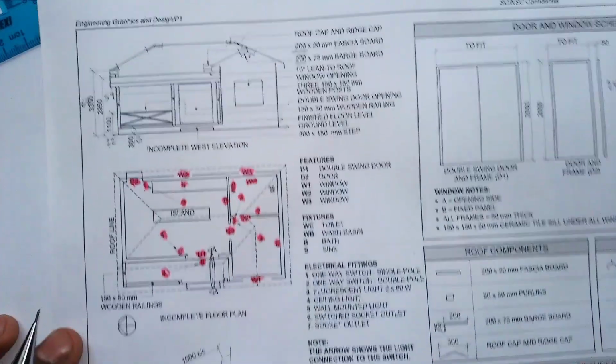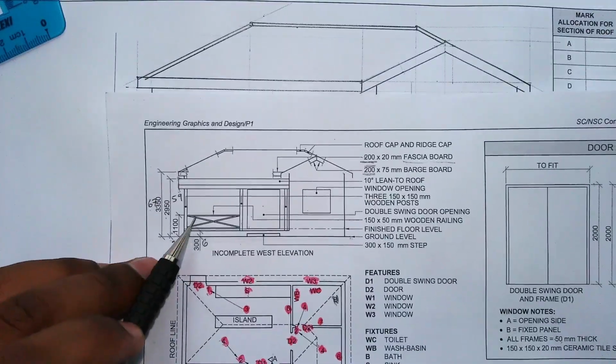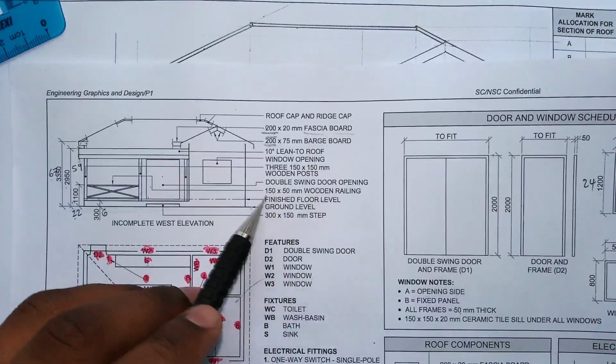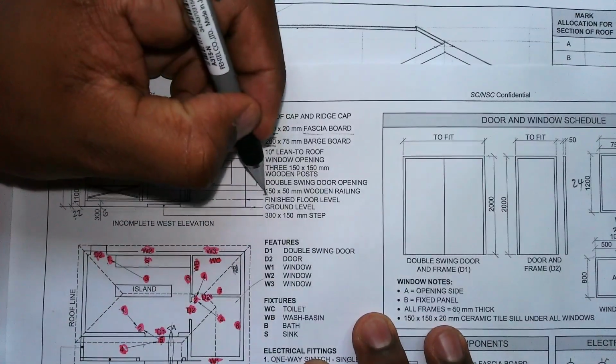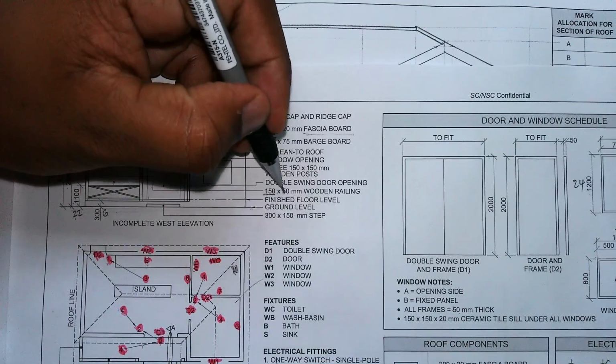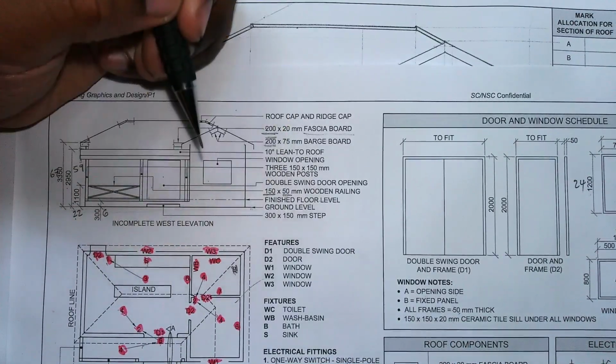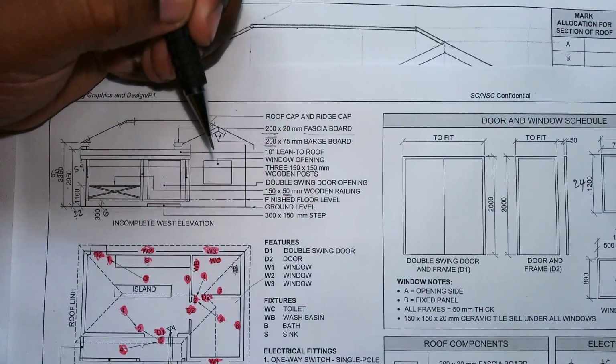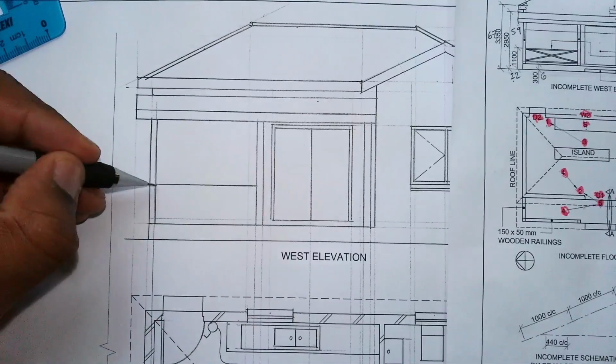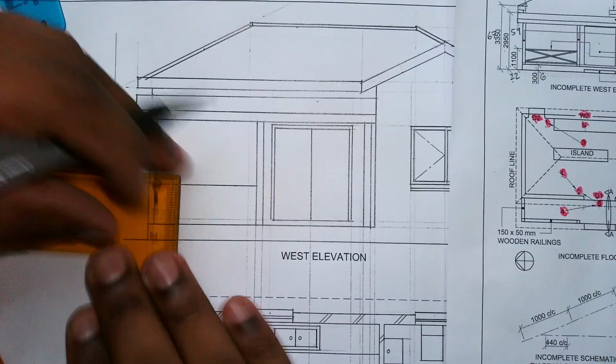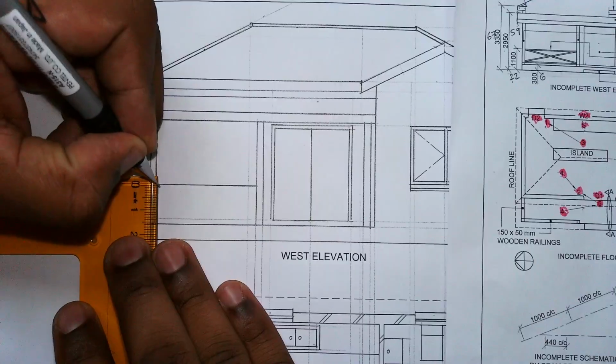So what's the thickness of those wooden bars? Okay, 150 by 50. So it means it's 50, so I'll have to measure 1 going down.